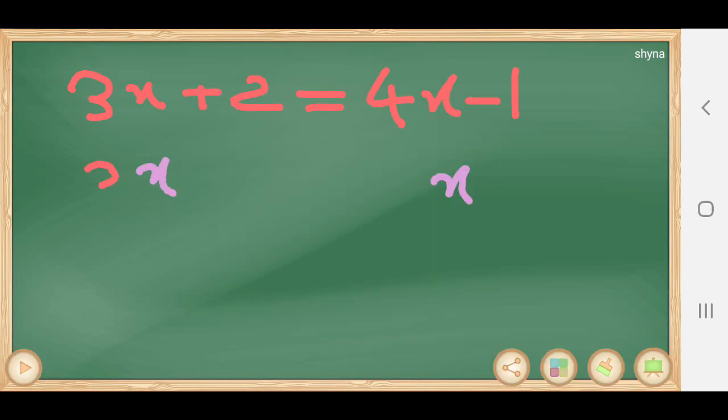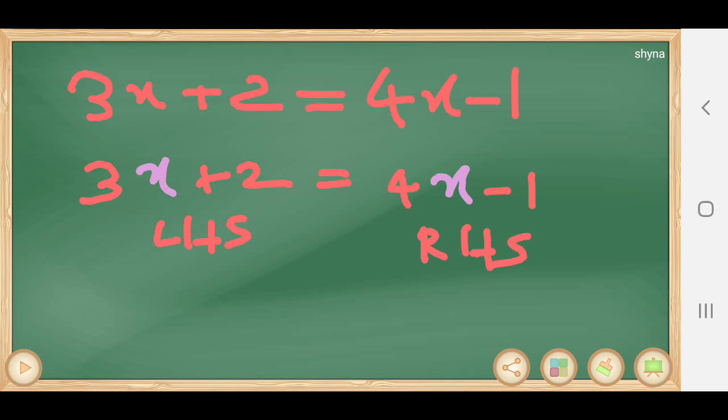Then we write 3x plus 2 equal to 4x minus 1. Now you can see that there are 2 x's, 1x on LHS and 1x on RHS. Then first you have to transpose the variable to one side. This is LHS and this side is RHS. You can transpose the variable to any side.